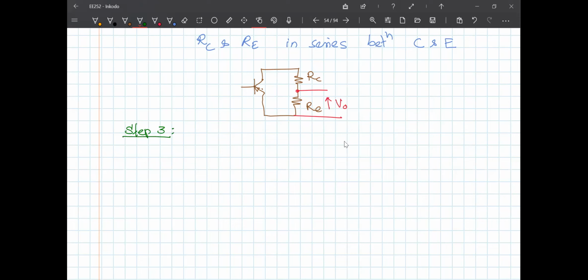Step 3: if your source is a current source, use the Norton's equivalent circuit of the current source. If your feedback signal is a voltage, use the Thevenin's equivalent circuit of the source. If your feedback signal is a current, use the Norton's equivalent circuit.